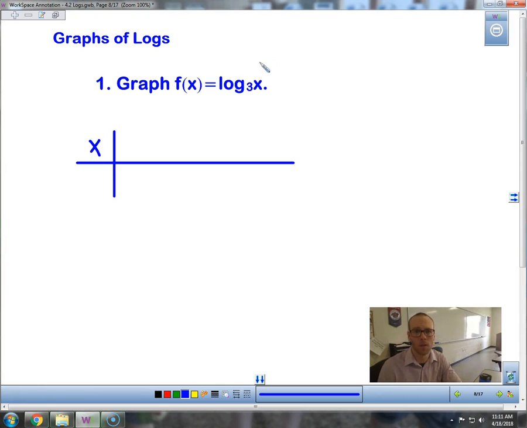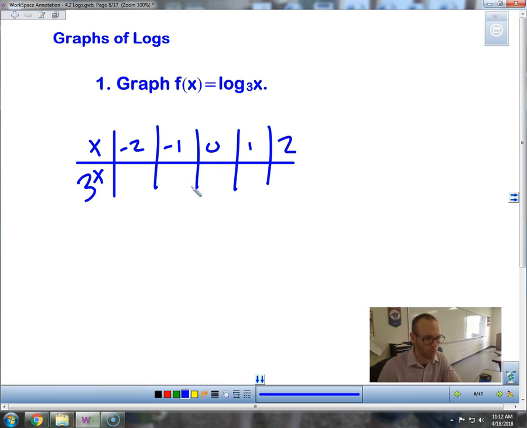The inverse of the log base 3 of x is 3 to the x. Log base 3, exponential base 3, inverses. So that's our exponential. Let me graph that.